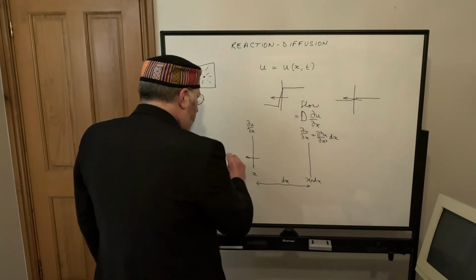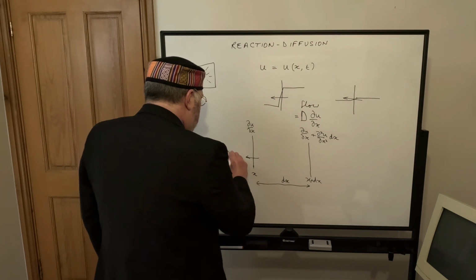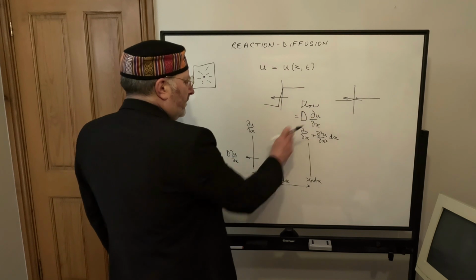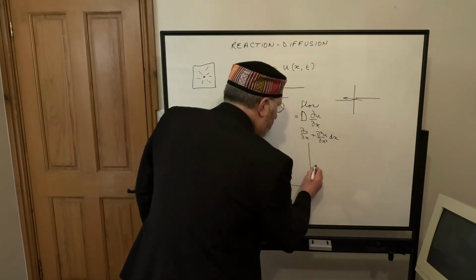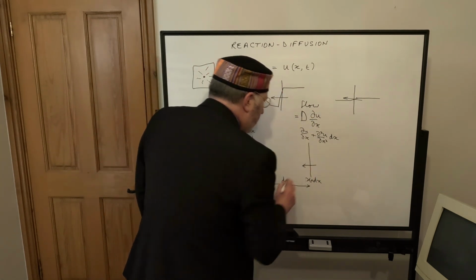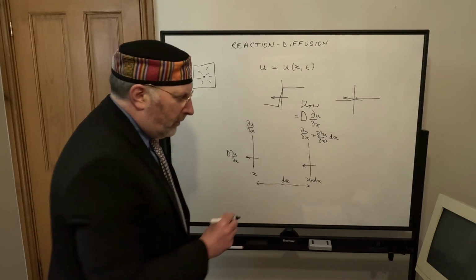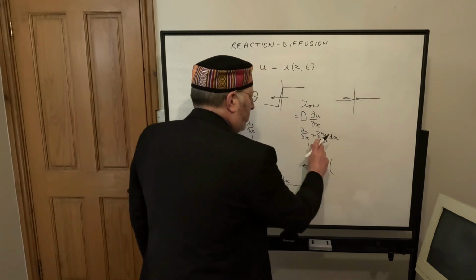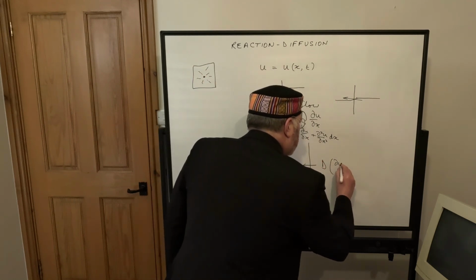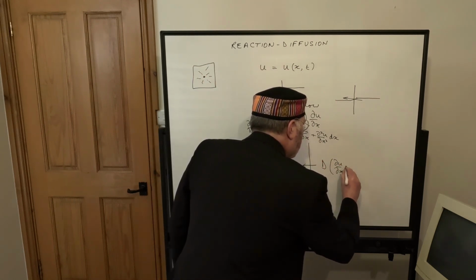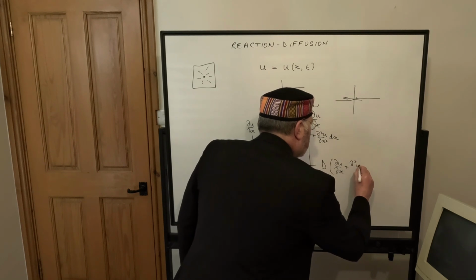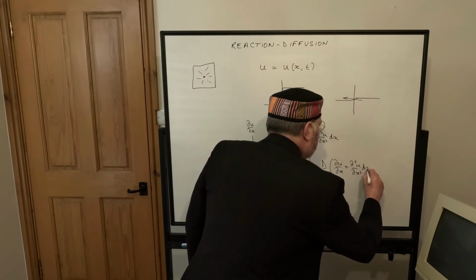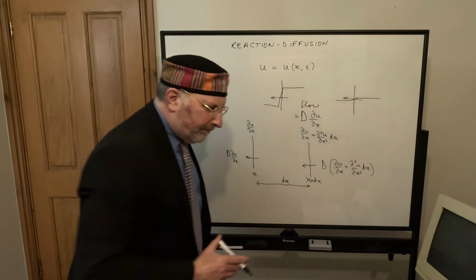So coming out here will be D times du by dx, which is just that, and coming in here will be D times du by dx plus d2u by dx squared times dx.